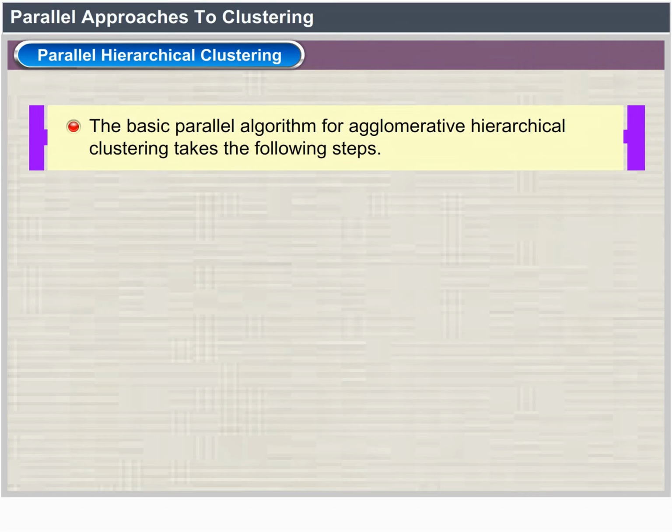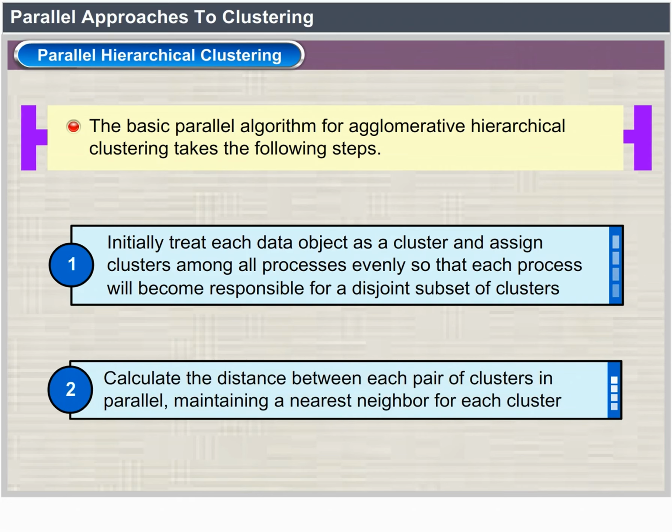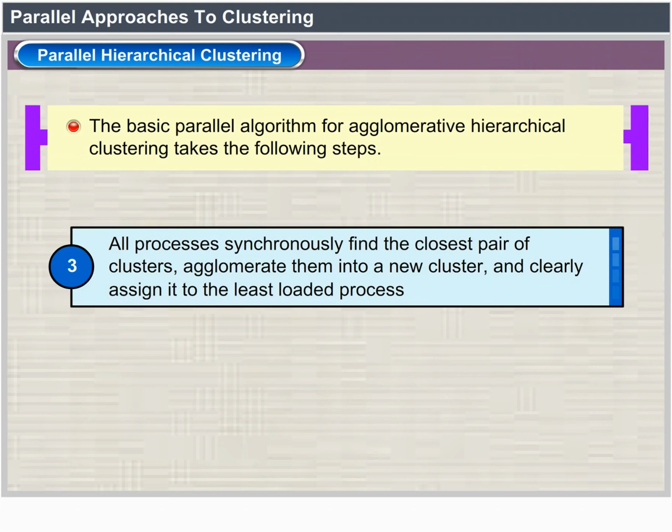Initially, treat each data object as a cluster and assign clusters among all processes evenly so that each process is responsible for a disjoint subset of clusters. Calculate the distance between each pair of clusters in parallel, maintaining a nearest neighbor for each cluster. All processes synchronously find the closest pair of clusters, agglomerate them into a new cluster, and assign it to the least loaded process.